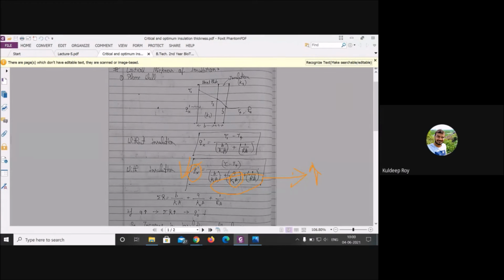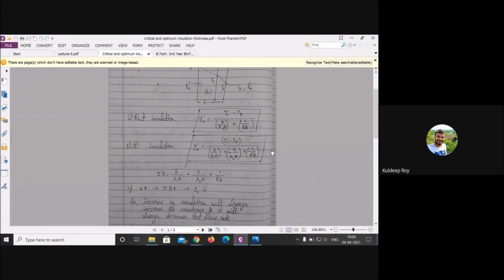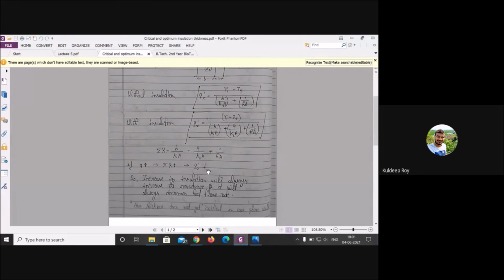You want to reduce the heat transfer here for a boiler or any kind of equipment. Here we are talking about reduction of heat transfer. And here it is also written: as you increase the thickness, the resistance will increase, and your heat flow will reduce. But there is one point I want to highlight.